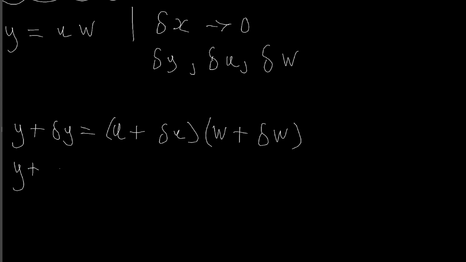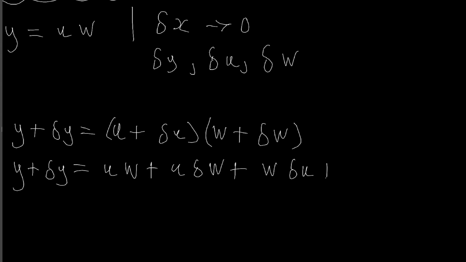So let's consider y plus delta y is going to be equal to u times w plus w times delta u. Oh, I miswrote that, but that also works. u times delta w plus w times delta u and plus delta u times delta w.